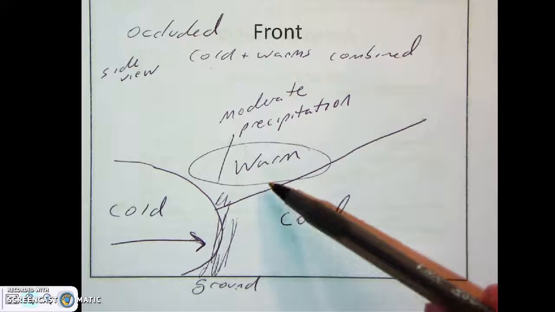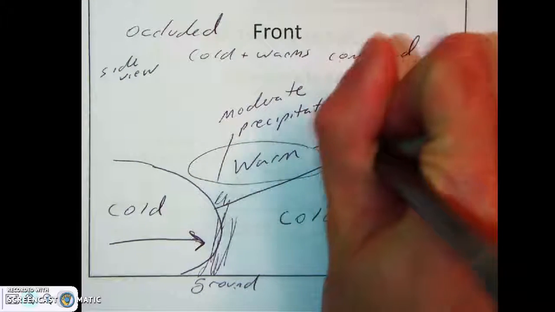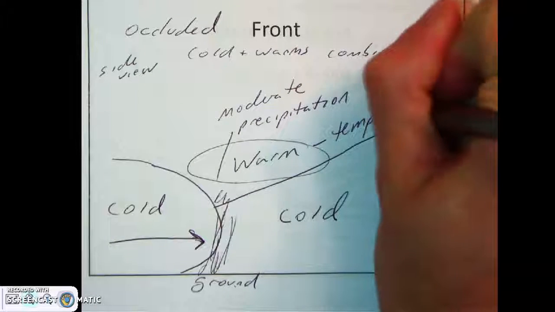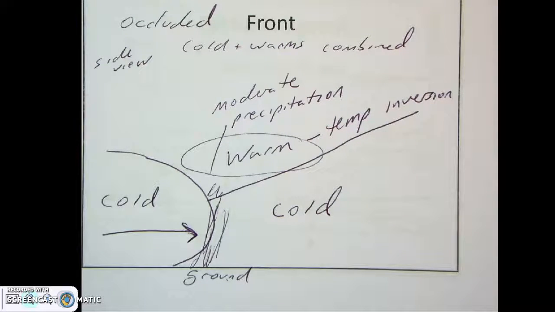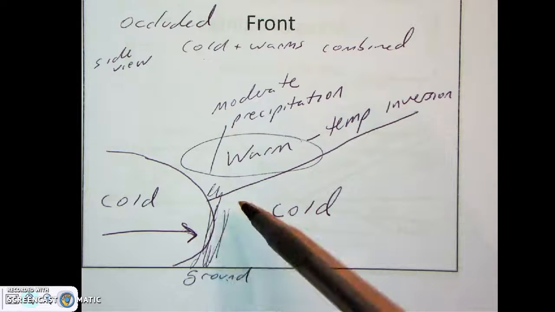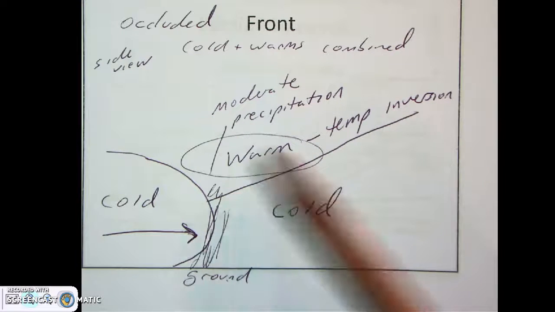But then we now hit this pocket of warm air, and we would call this a temperature inversion, just meaning it's flipped around compared to the way that it normally is. So normally it would get colder the higher up we go. In this case, we go higher up, and it gets warmer. We hit this warm layer of air.